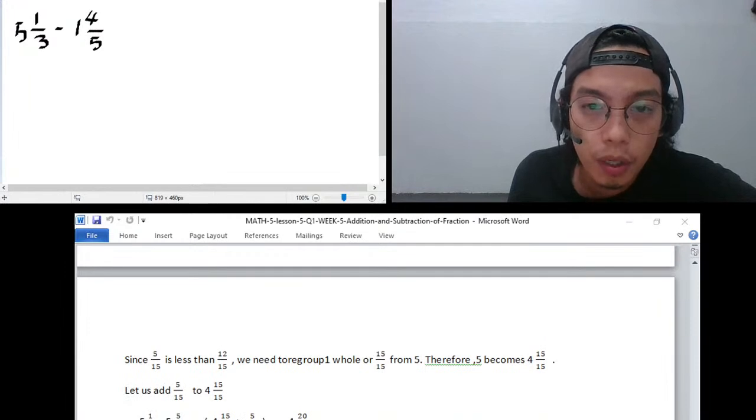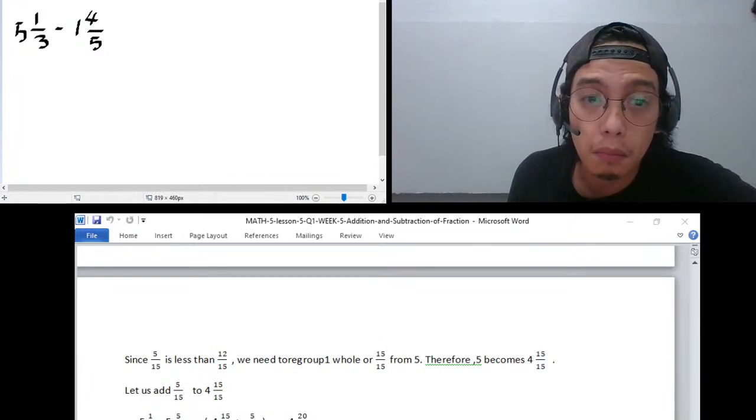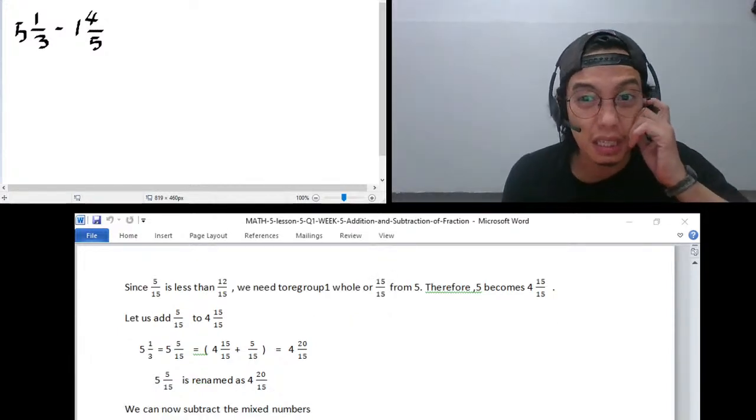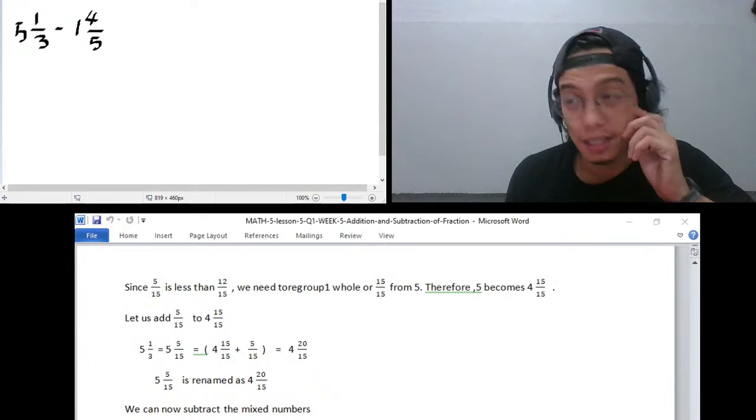We need to regroup the one whole number, and therefore 5 becomes 4 and 15/15. And let's add 5/5 to 4/15. It's complicated ang ilang procedure. Let's try what I did.